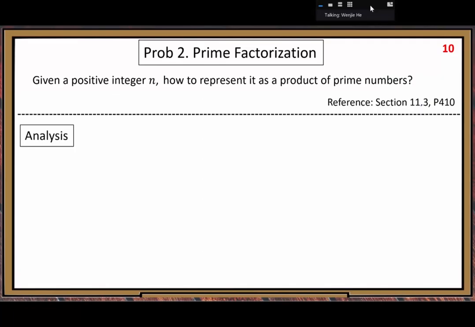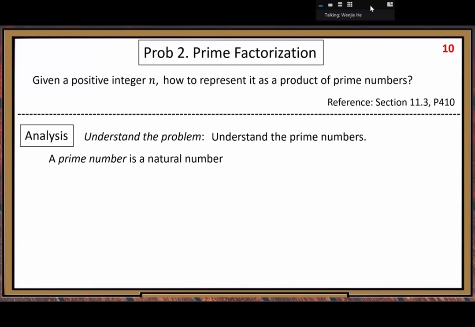All right, let's do some analysis. How to do the factorization? First, we need to understand the problem. We need to understand the prime numbers. First, the definition of prime numbers. A prime number is a natural number greater than 1.